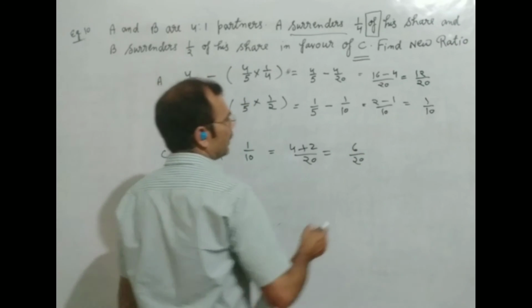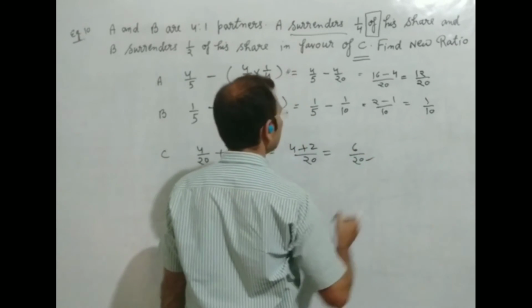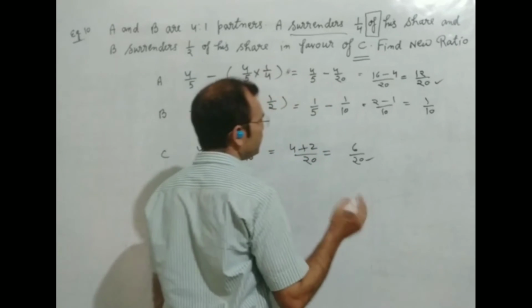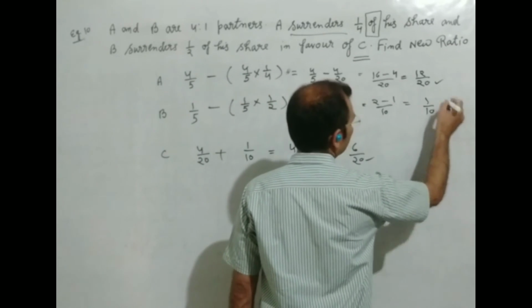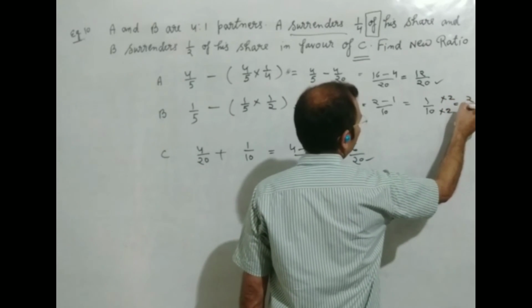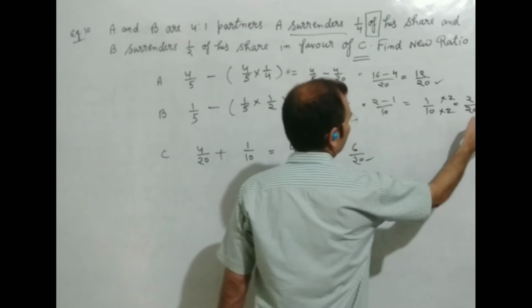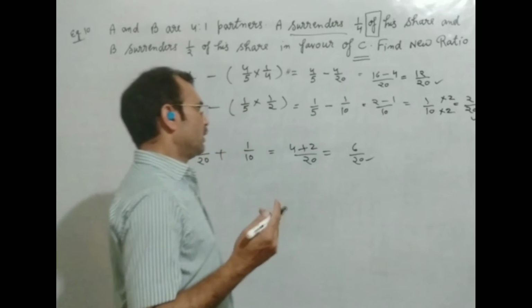You are seeing the denominators of C and A are the same, but B's denominator is different. So we will make it equal. If we multiply here 2, we will find 2/20. All the denominators have been made equal.